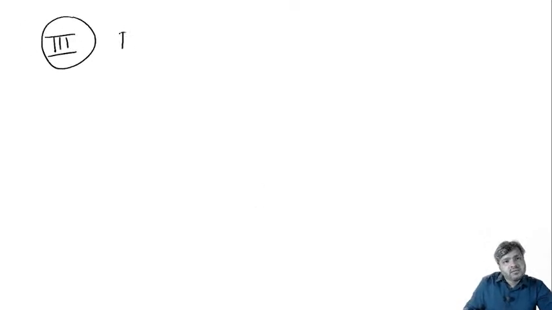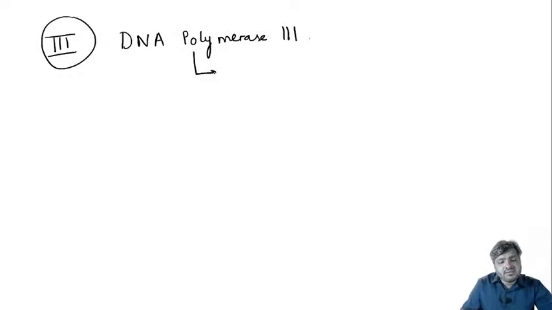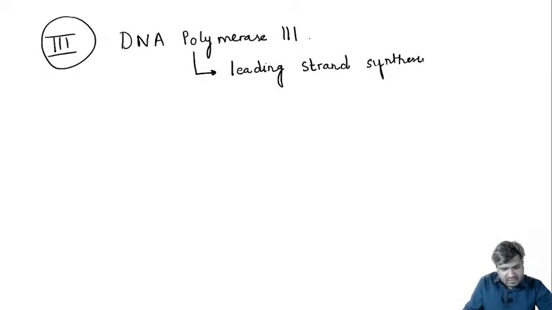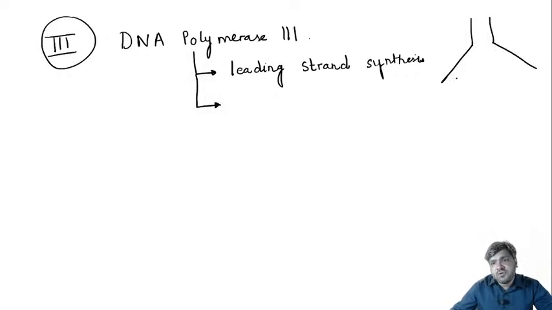Now coming on to the third one, that is DNA polymerase 3. You already know that it is involved in leading strand synthesis. Suppose this is the replication fork and this is the RNA primer.